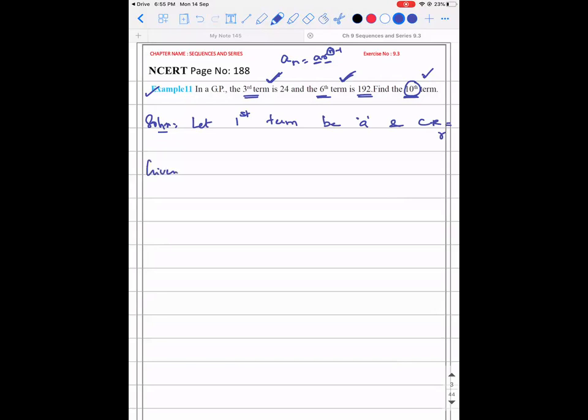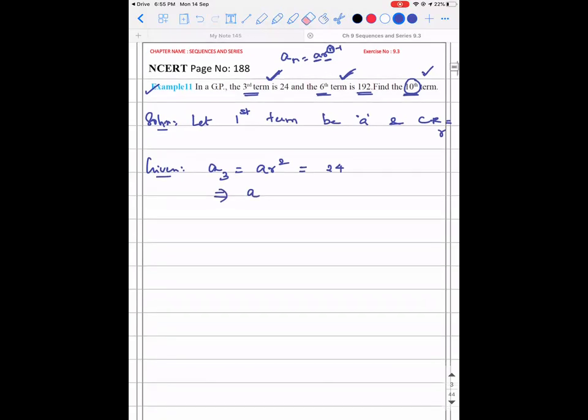So what is given? A3 is nothing but AR square is 24. Accepted. Correct? Similarly, A6 is given, that is AR power 5 is 192. Is there any doubt in this?